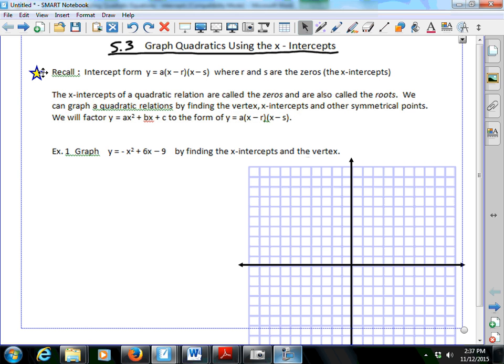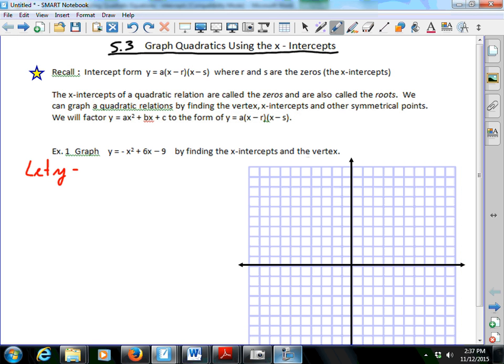So to find the x-intercepts, we know that for any x-intercept, let y equal 0. So if that's the case, then 0 is going to equal negative x squared plus 6x minus 9.